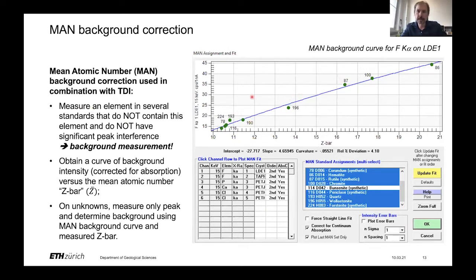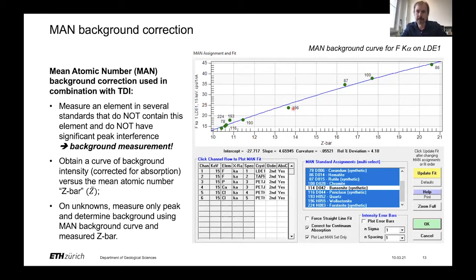In that case, we are looking at the intensity of fluorine K alpha using the LD1 monochromator versus the average atomic number. And we see here that they all line up relatively nicely. One key thing is that all these standards have absolutely no fluorine content whatsoever, and they have no X-ray lines that might interfere with fluorine K alpha. So basically all these measurements are measurements of the background.